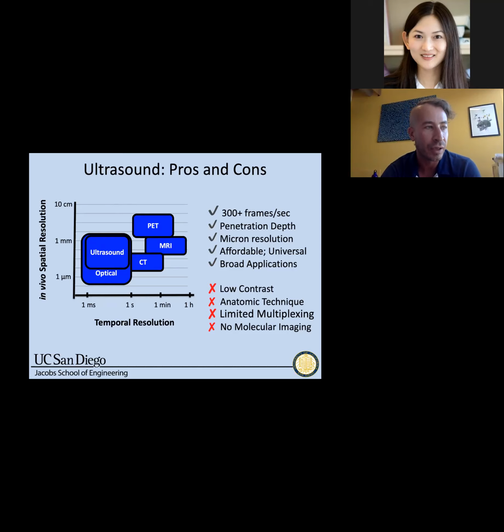And so I would collect a reference spectrum, and then I would put my sample on there. And at the end of an hour, I could map 1 centimeter by 1 centimeter of tissue. And I couldn't go more than a few millimeters into the tissue. It was kind of frustrating.